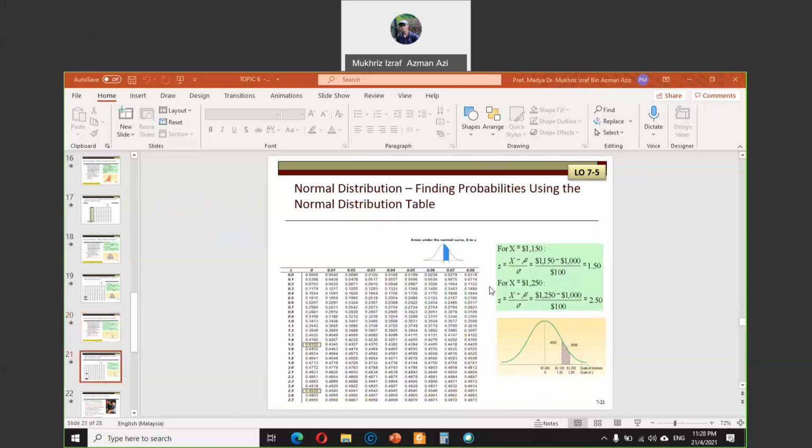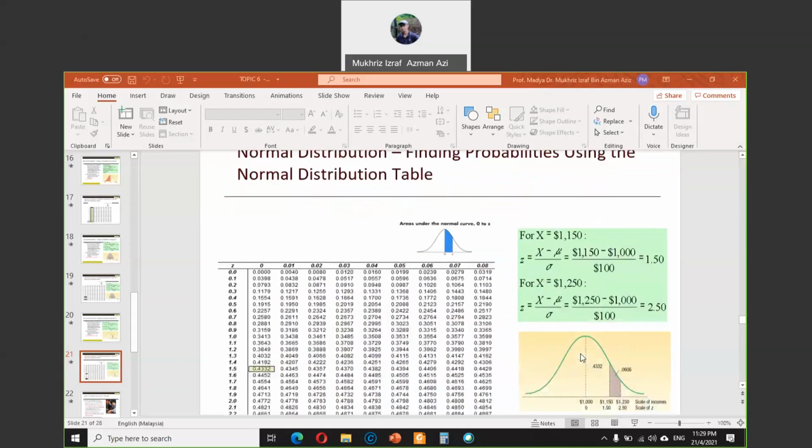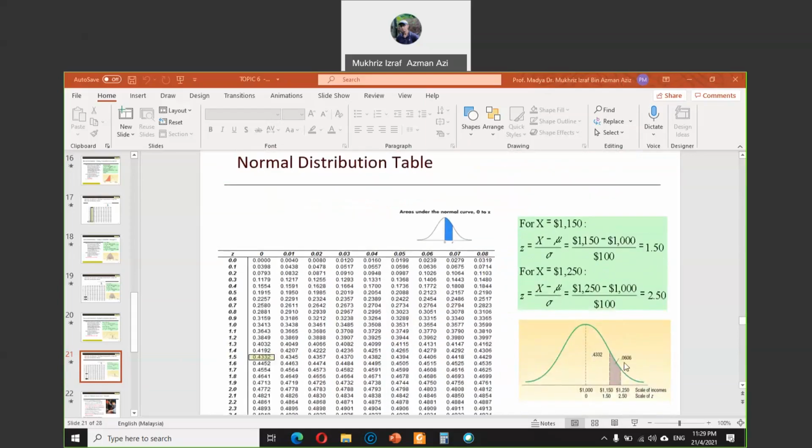So that's how you solve when both are positive or both are negative. 2.5 gives you 0.4938, whereas 1.5 gives you 0.4332. So the solution will be, as in this slide, 0.0606.